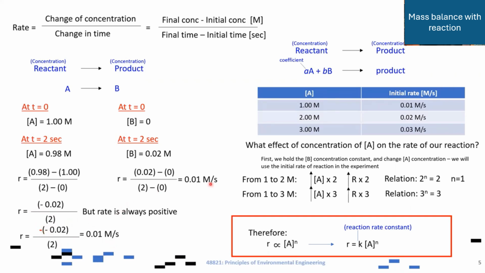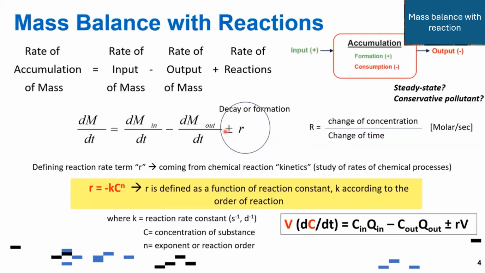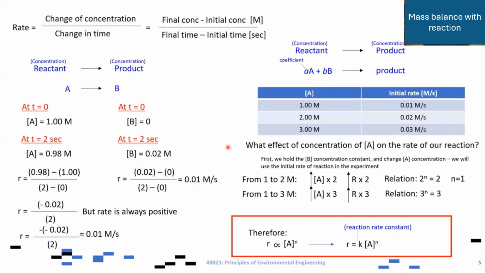So if you go back to our equation, yes, this negative sign is there if we are referring to a decaying reaction, right? The concentration is decaying, so if you put a negative sign, it means the decaying reaction. So the answer for R is still positive in this case, because we just put the negative sign as a way of knowing that it is decaying, that the concentration is getting lower.